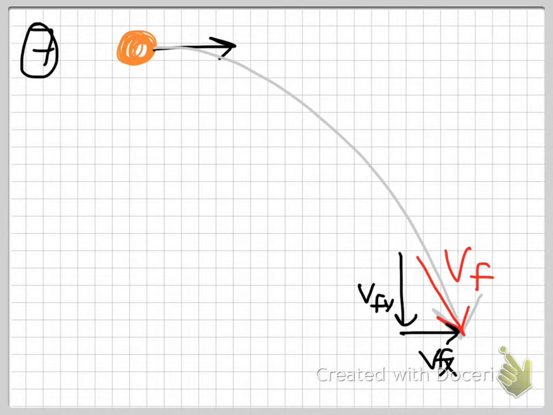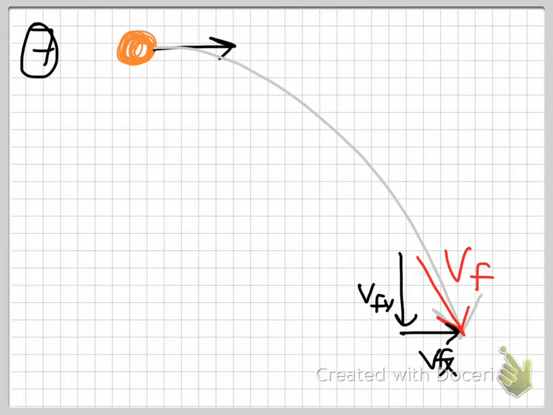So the question is, well, wait, do I have to do this for everything now? Yep. Because anytime you've now got something that isn't on just the x or the y, we are now breaking it into components of motion, velocity, acceleration. So yeah, anytime we have something that is not purely x or purely y, it's made up of both. And so that's why we learn to break apart vectors.